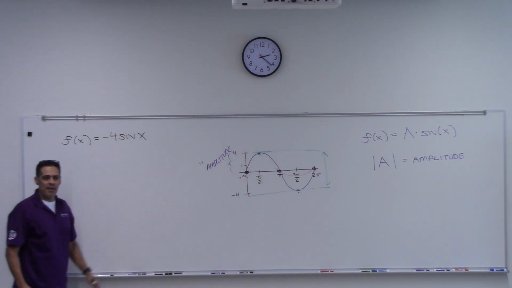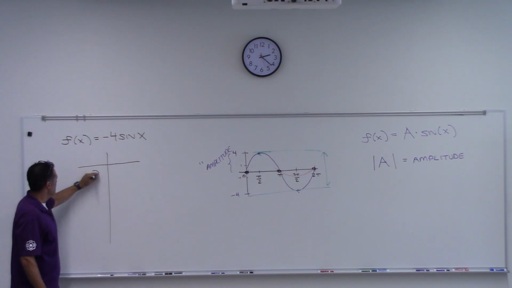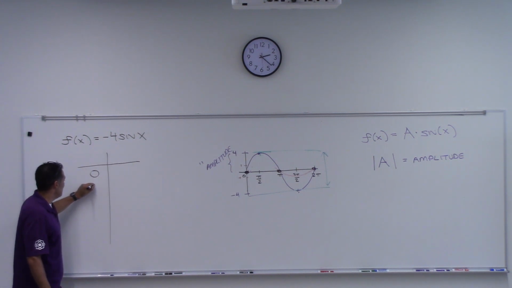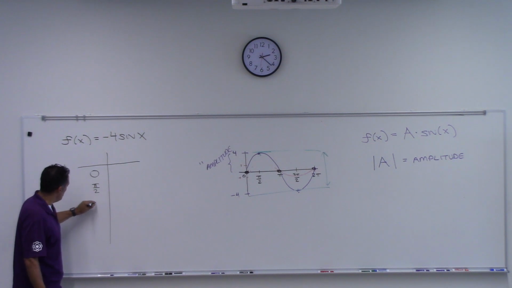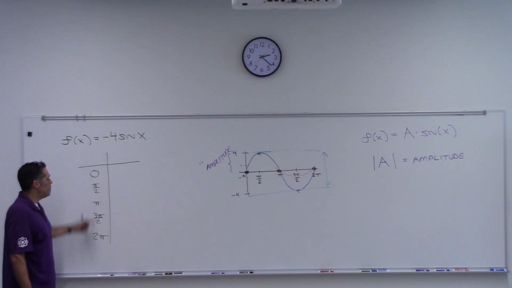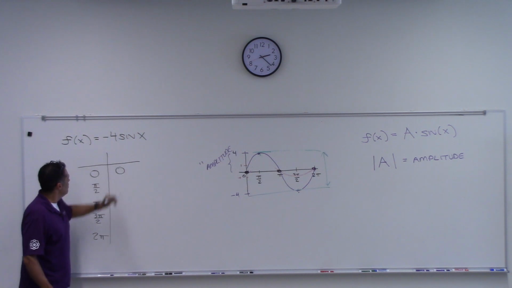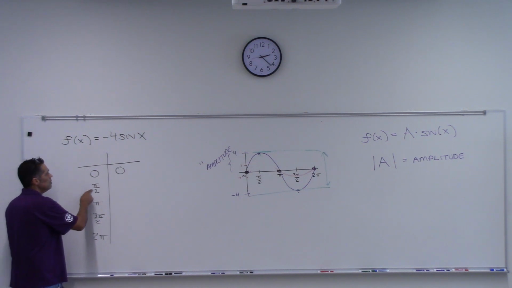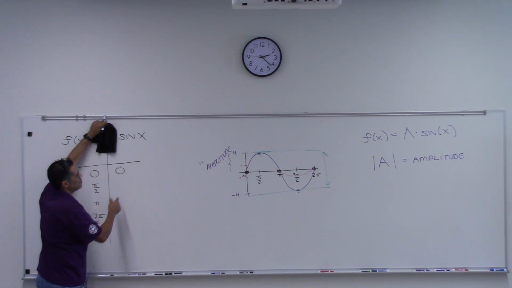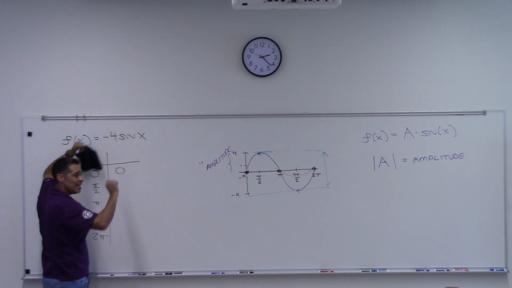That's going to have the effect, our table will look exactly the same as the last table, right? Well, not exactly the same, but a lot of it will, right? When we plug in 0, we'll still get 0, won't we? But when we go to pi over 2, sine of pi over 2 is 1, but then we're going to multiply it times -4.